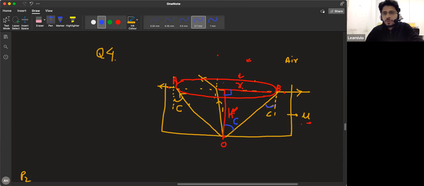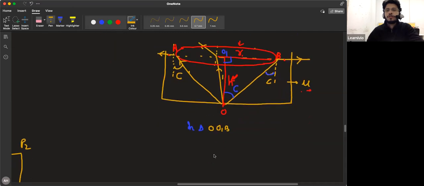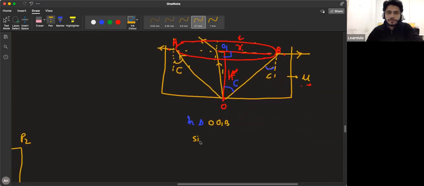See, if I call this O1, then in triangle O1B, sine C is perpendicular divided by hypotenuse.